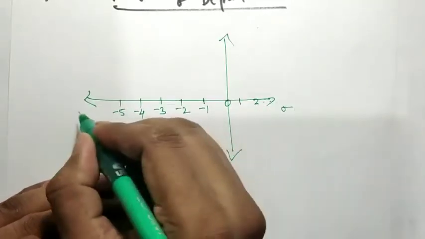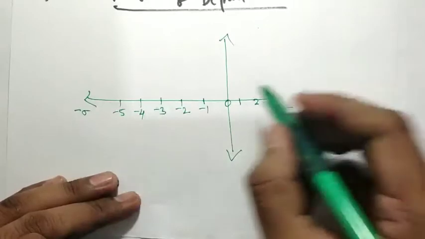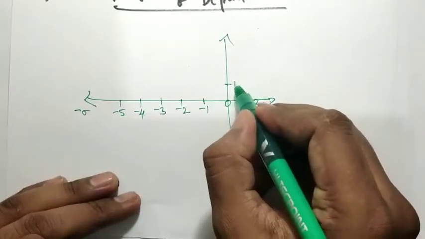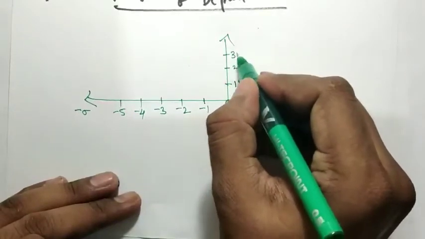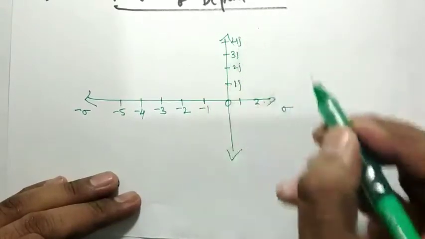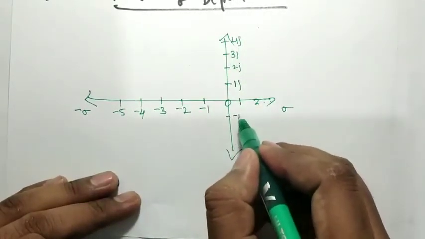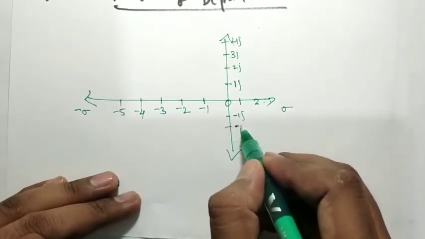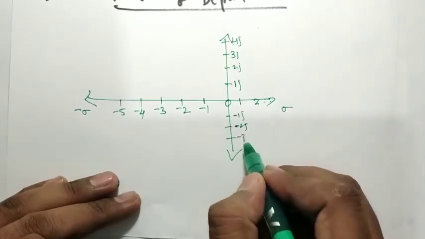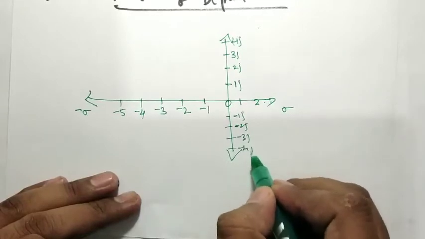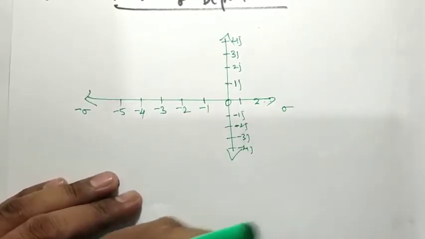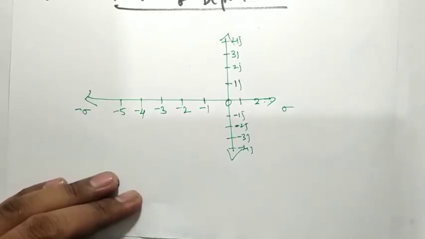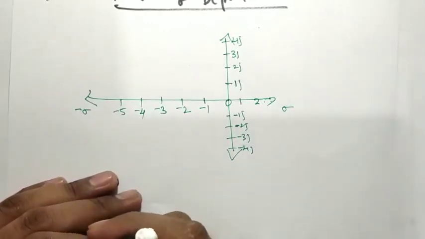This is the positive and this is the negative real axis. Here 1j, 2j, 3j, and 4j, and here minus 1j, minus 2j, minus 3j, minus 4j. So you just see where the poles are located.